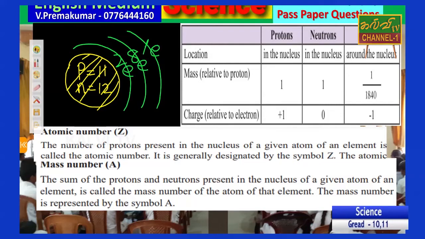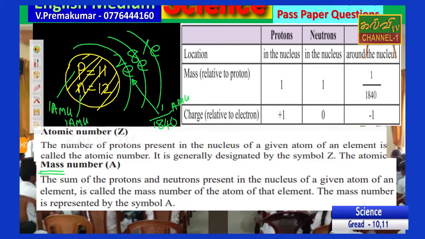But when you consider the mass number, we already studied this, the weight of an electron is 1 over 1840 AMU, like a shopping bag. But here these are 1 AMU each, big ones.